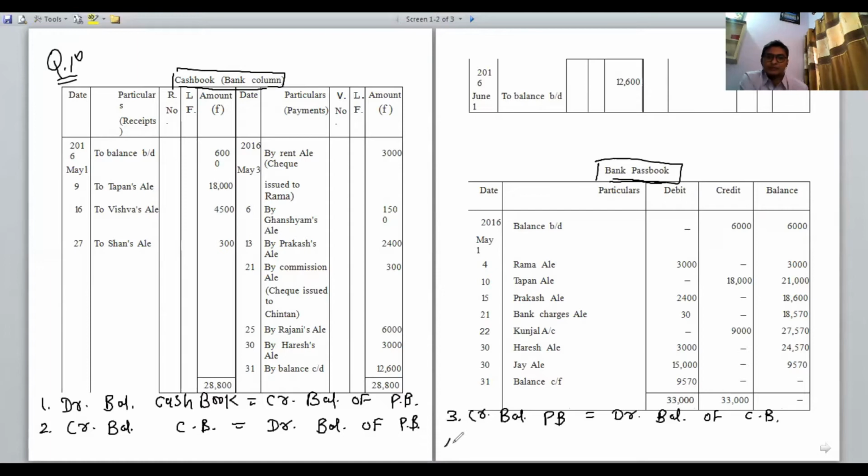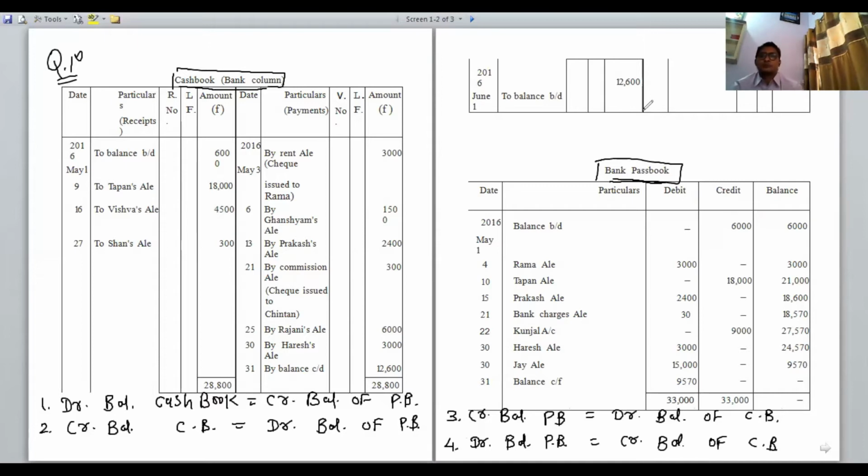And at last, fourth, the debit balance of passbook is equal to the credit balance of cash book. That's it. These are the four steps that you have to check from the cash book and passbook.